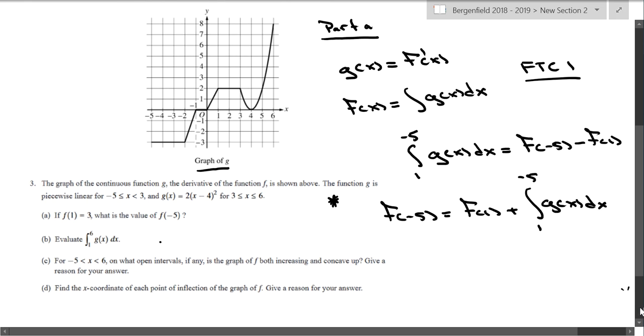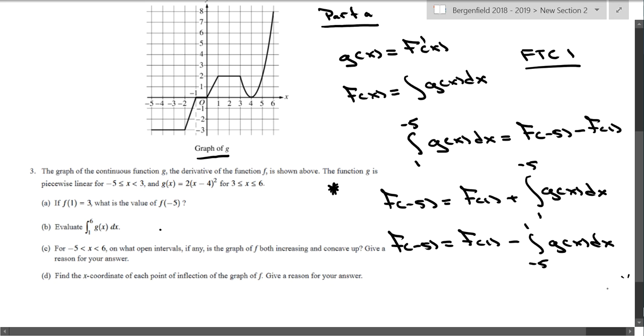And then you should be saying, well, that guy's backwards, so I'm going to rewrite it. And then you're left with f of -5 is equal to f of 1 minus the integral from -5 to 1, because we want to go in the right order. You would have wound up this way also if you switched the limits in the beginning. You would wind up in the same spot if you didn't notice. But solving for one of the values of the antiderivatives is something to pay attention to.